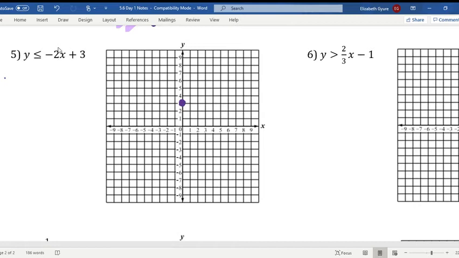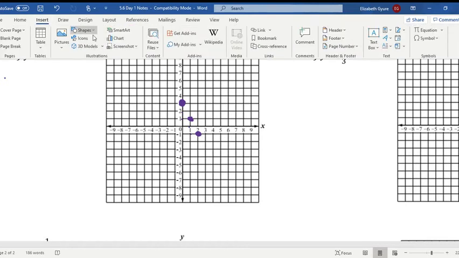Yeah, very good. If you have a slope of negative 2, that's like negative 2 over 1. So from your y-intercept, count down 2 and right 1. And I would do that at least a few times. Down 2, right 1. And now you have your line.